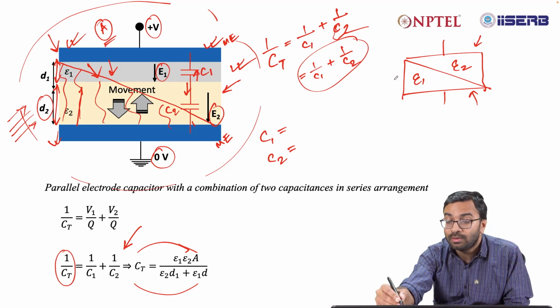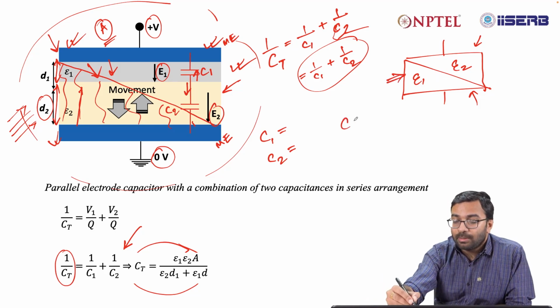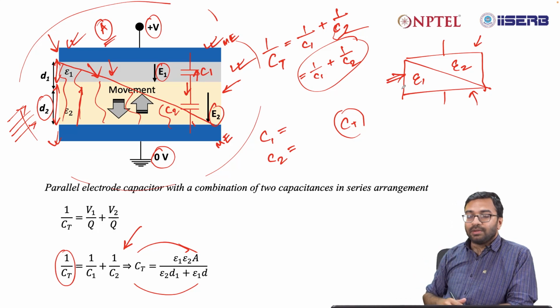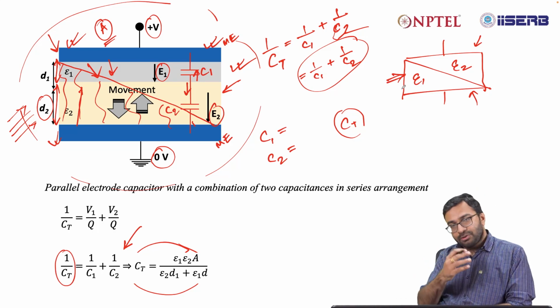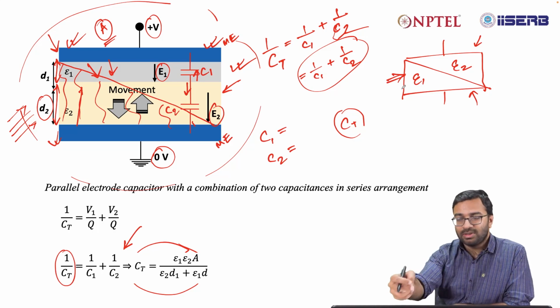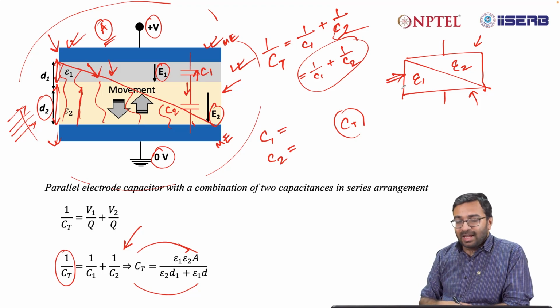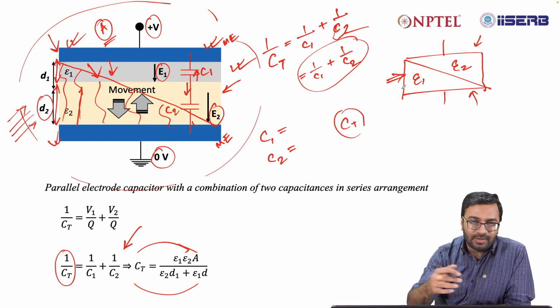You can also solve the total capacitance value for this. It is not very difficult. I leave it to you to figure out how to solve this type of structure, and you will find it in various books as well.